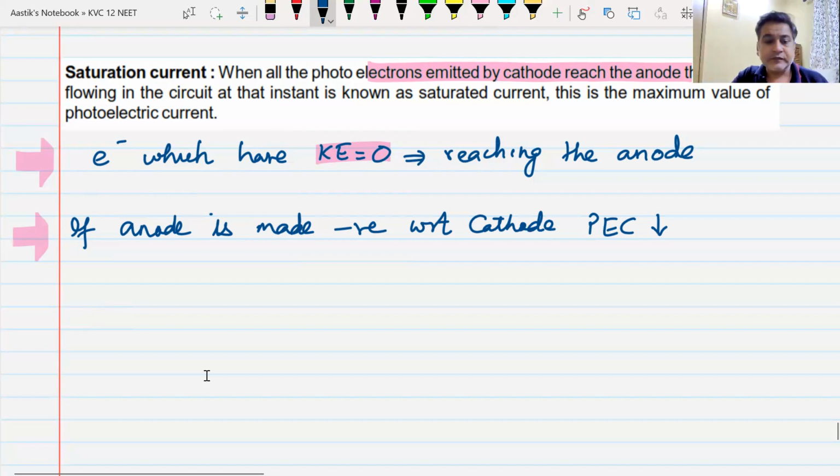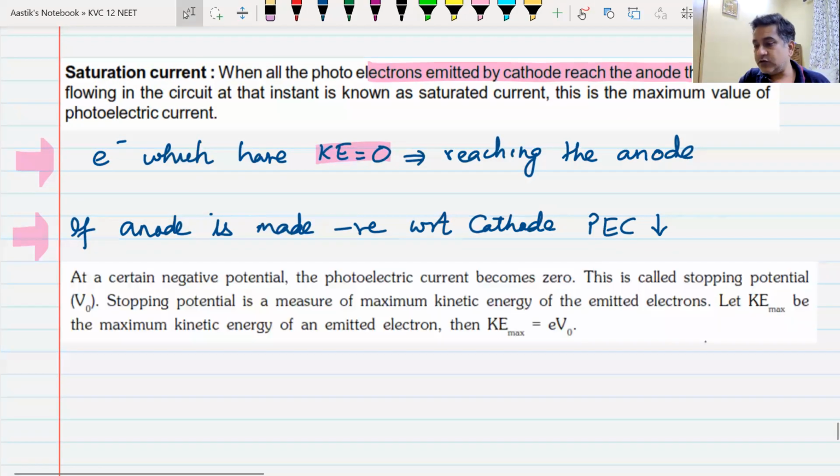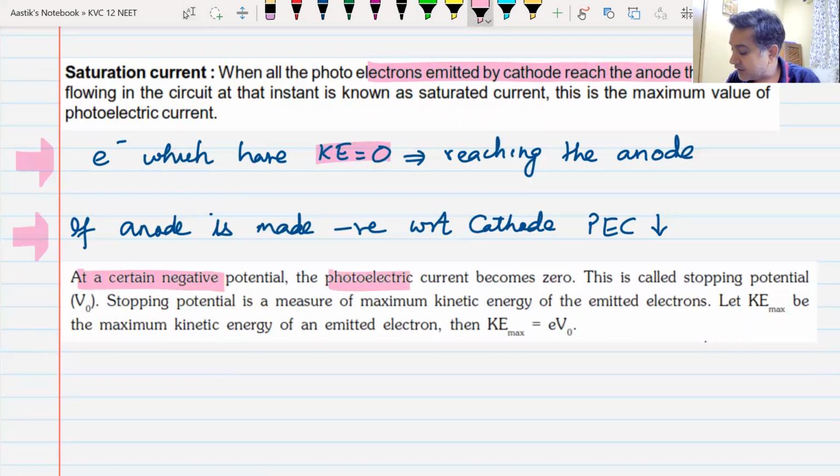That potential is known as your stopping potential. At a certain negative potential, the current will become zero. This is known as the stopping potential, and the stopping potential is written as V naught. Now, what happens at the stopping potential?